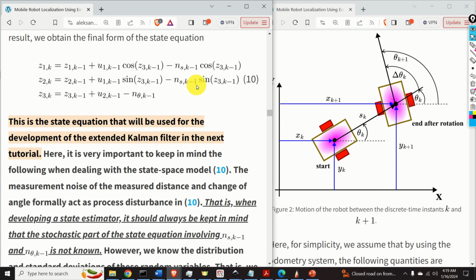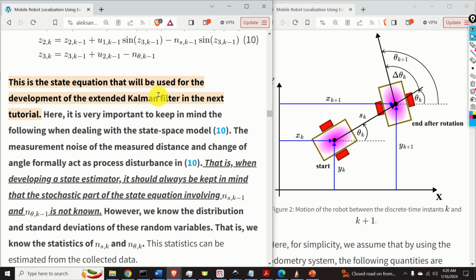That is, when developing a state estimator, it should always be kept in mind that the stochastic part of the state equation, that is, this part over here, involving nsk minus 1 and n theta k minus 1, is not known. However, we know the distribution and standard deviations of these random variables. That is, we know the statistics of nsk and n theta k. These statistics can be estimated from the collected data.